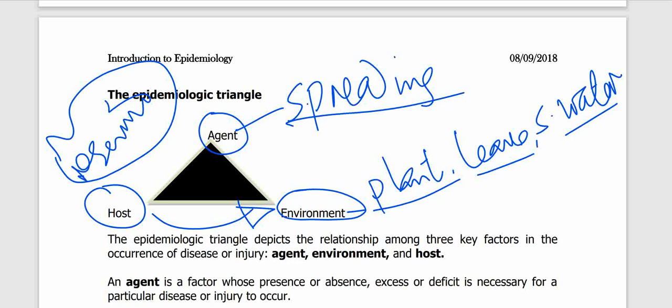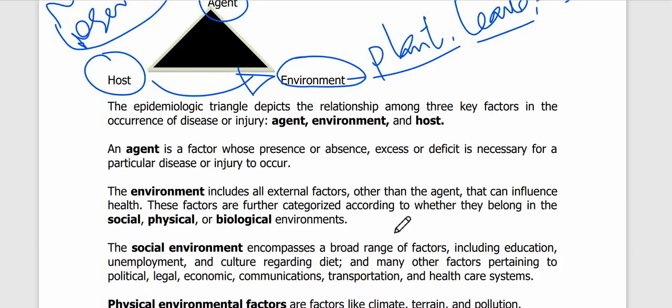So the agent will be whatever, its presence or its absence may determine the particular occurrence of that disease. Okay, so I've explained these epidemiologic triangles down right here.